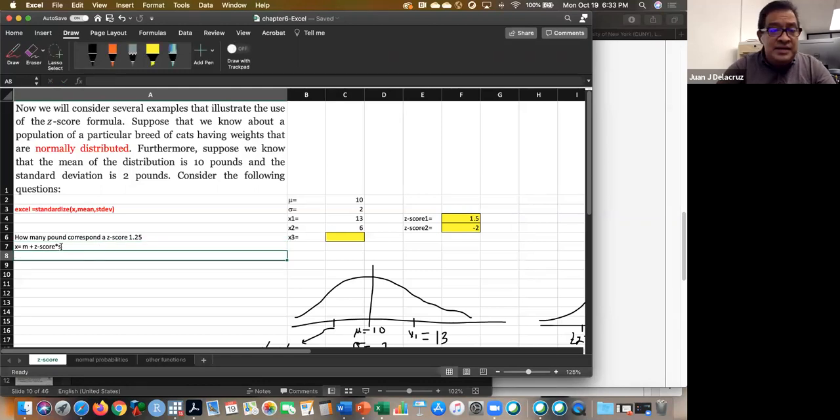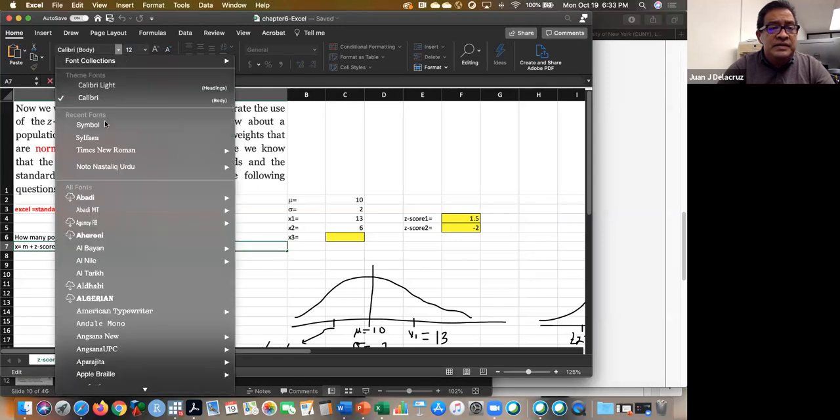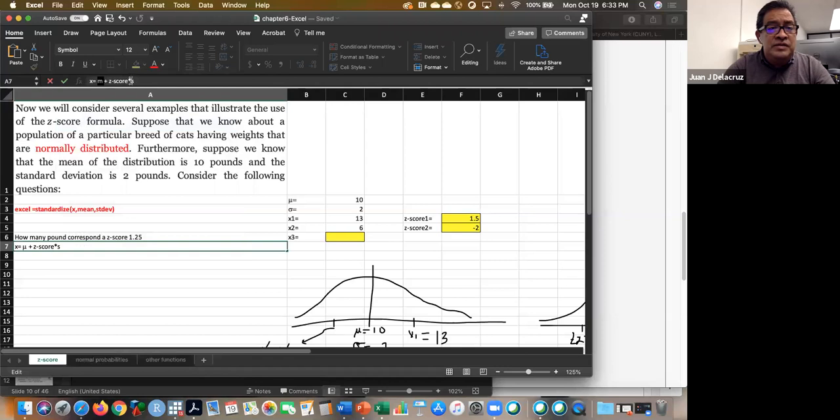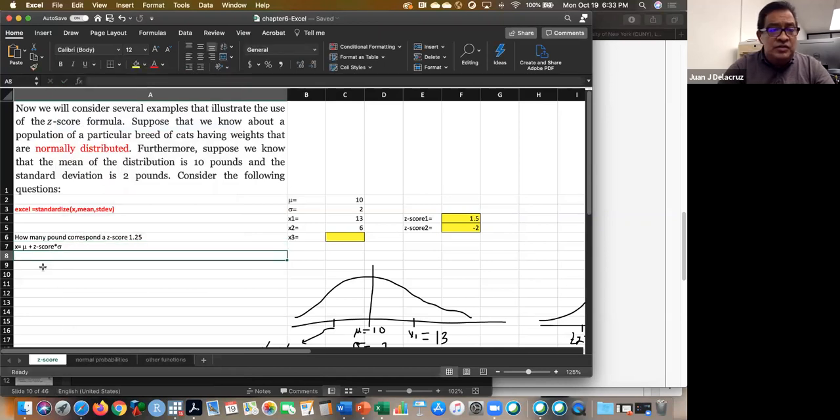Let me make this more clear. I'm going to use here the symbol that is mu, and this is going to be sigma, right? So it is the z-score times this. Let me put a little parenthesis so we don't get distracted with things. That's what I'm going to do.